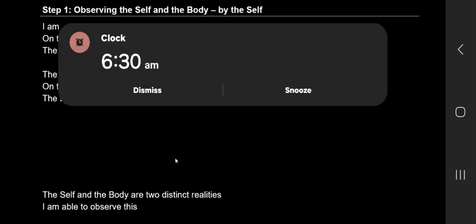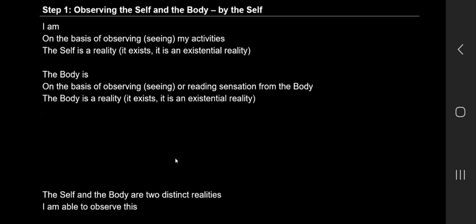Okay. Time is up. So I think right now we won't be able to take questions, but we'll reflect on this, the same assignment that we took today. Now we will look at it in a new light in terms of observing ourselves on the basis of seeing our activities going on within the imagination, and observing the body on the basis of seeing the body or reading sensation from the body.